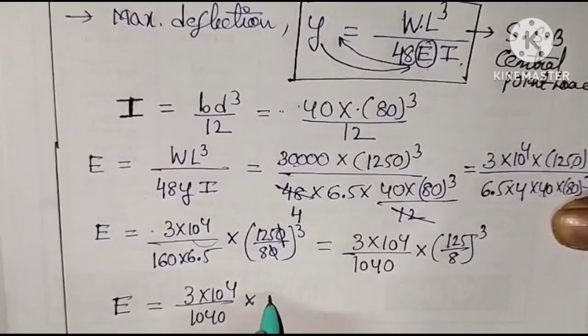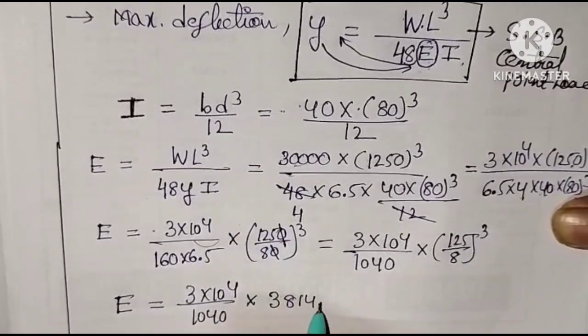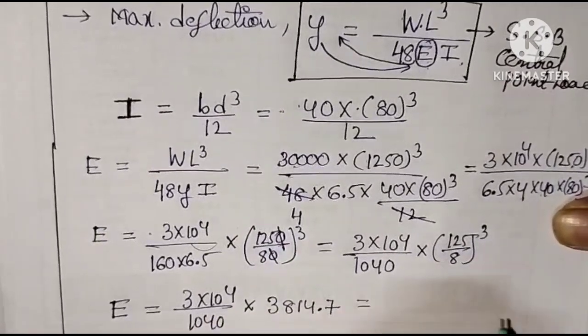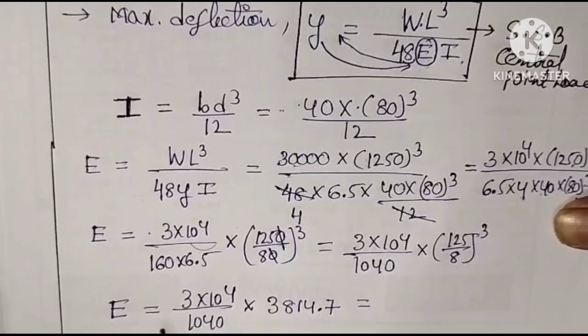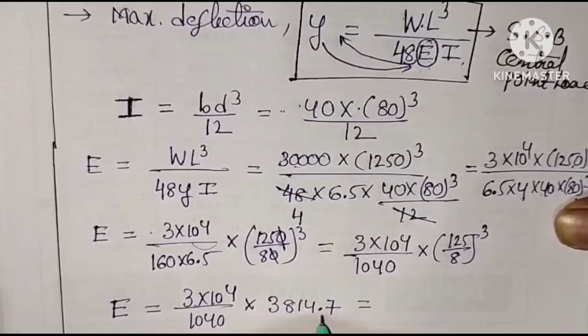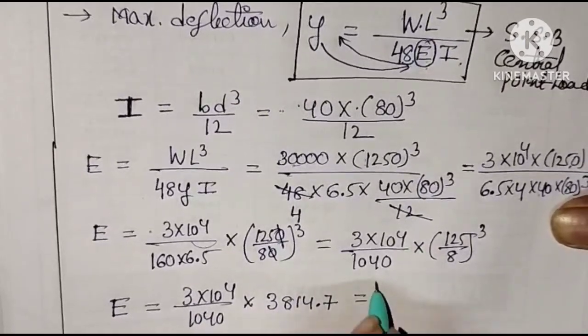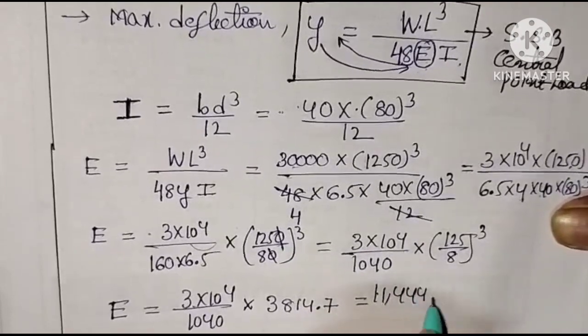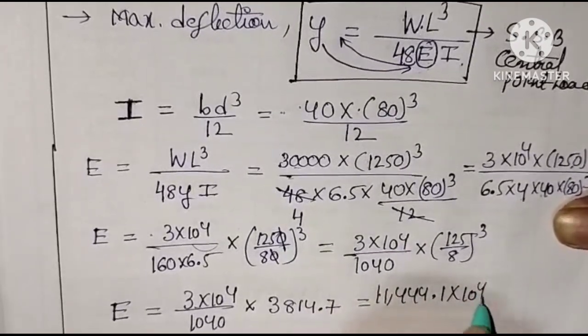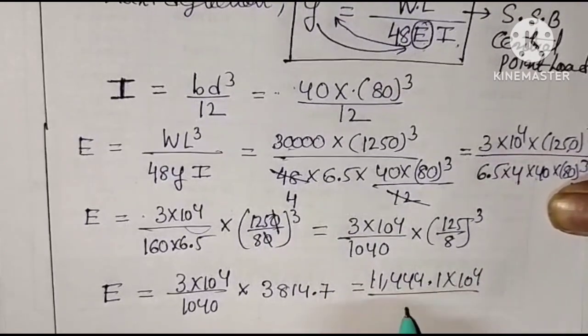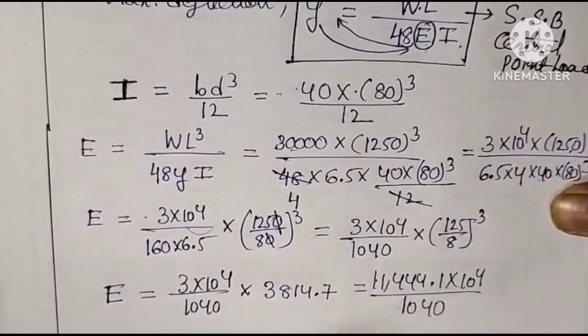Its value is approximately 3814.7. Now if you multiply 3 into 3814.7, its value is 11,444.1 into 10 to the power of 4 divided by 1040.